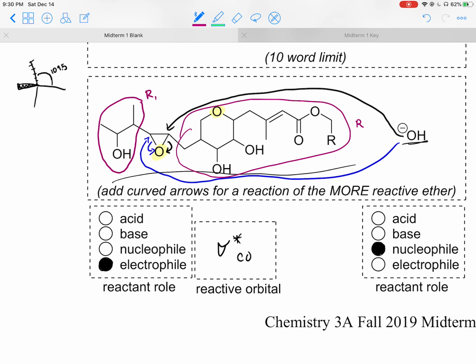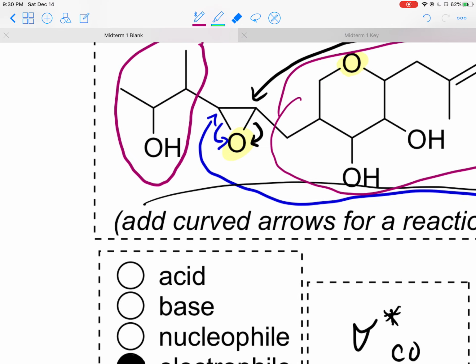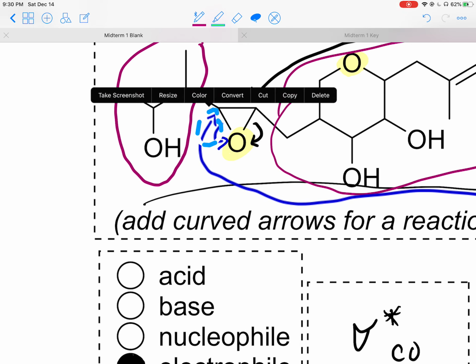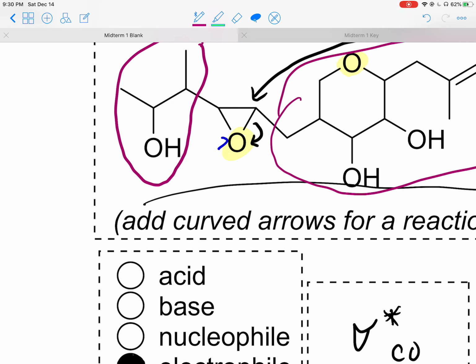And let's erase the blue ones, just because we have to only draw one of them for the orbital interaction sketch.